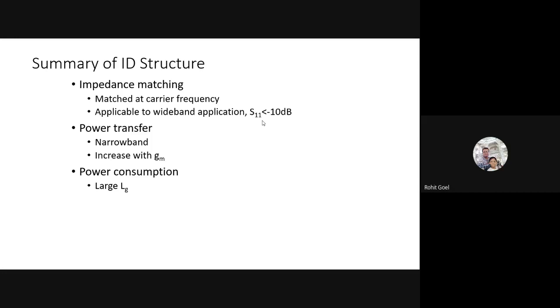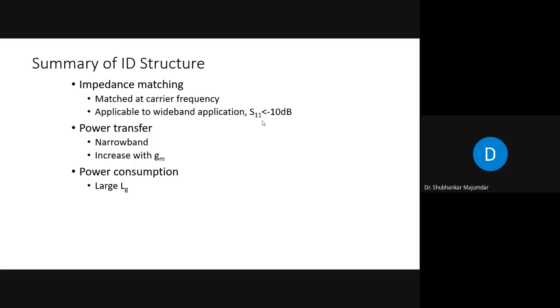The question is about the matching. If the matching is proper for a wide range, how will we get a wideband matching using this structure?